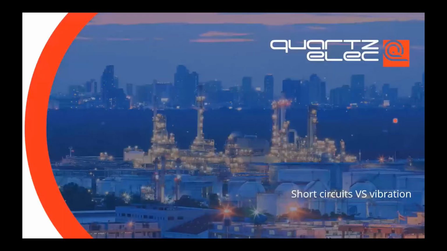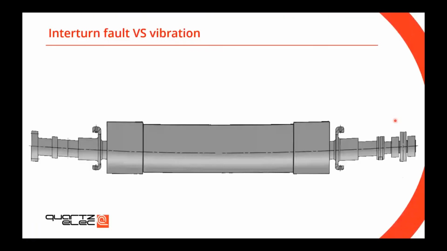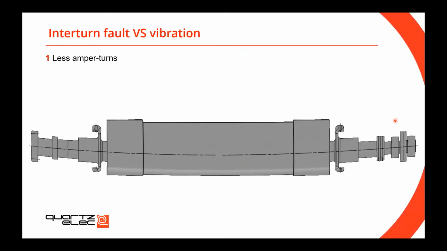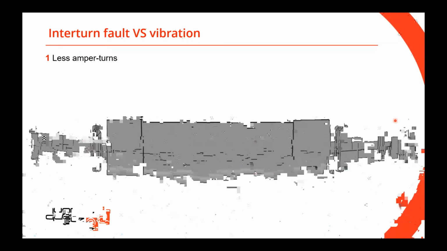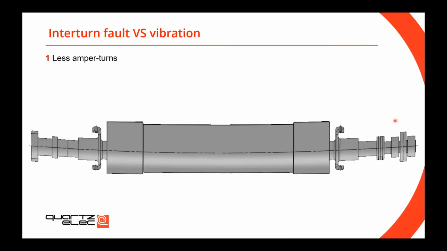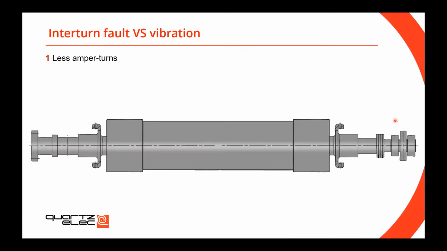Now, have you ever heard about the relationship between interturn fault and vibration? Well, if you did, then you're right, because there is a relationship. Let's go through that, shall we? If you have one of the coils with an interturn fault present, then that coil will produce fewer ampere-turns. That's obvious, we know that.